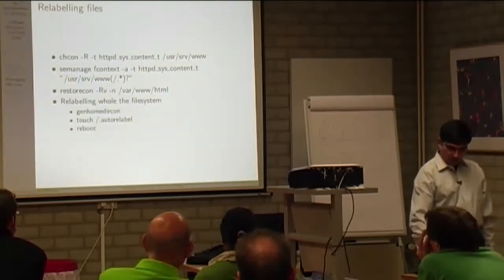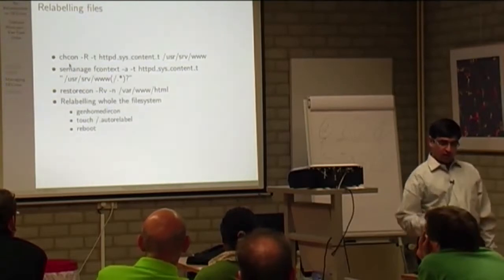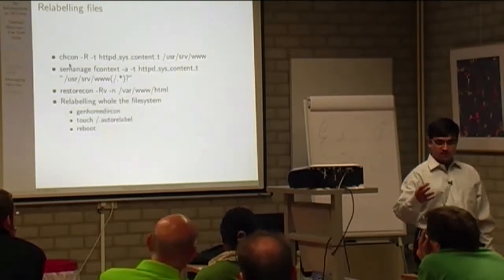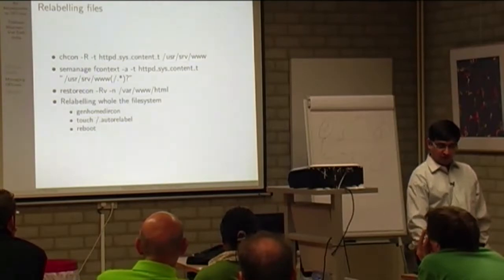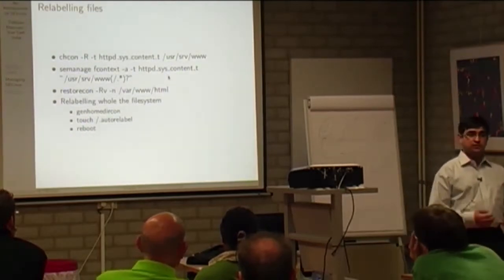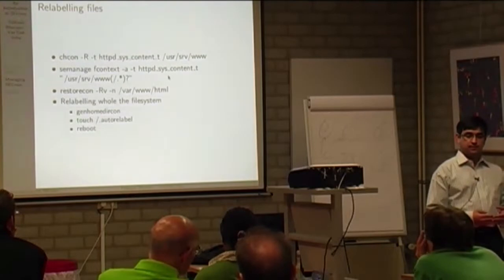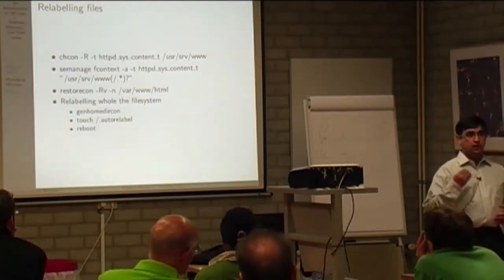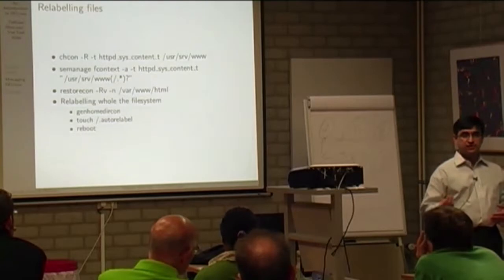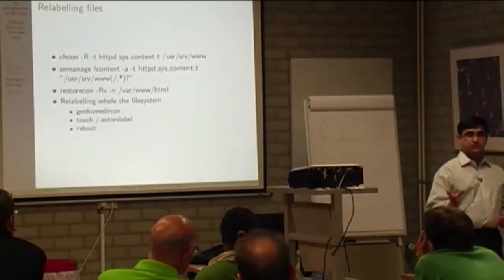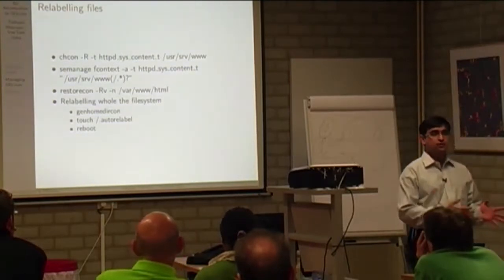To do that, we use semanage, which basically writes to your database, and we tell it that the file context of this location should be added to the database with the default type of httpd_sys_content_t. Doing this makes it a permanent solution. So that means if your file system ever gets relabeled, it gets relabeled to this specific context. This allows you to always have the right context with the right location.